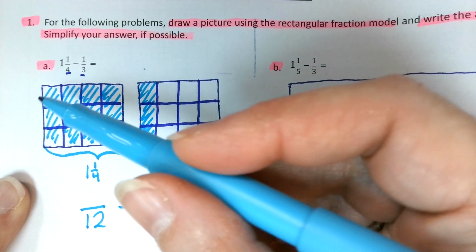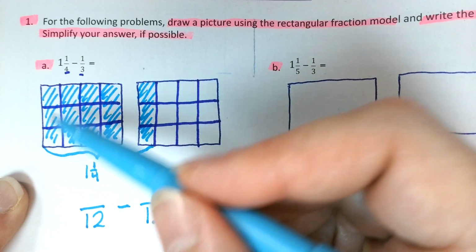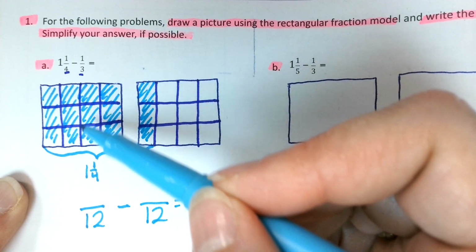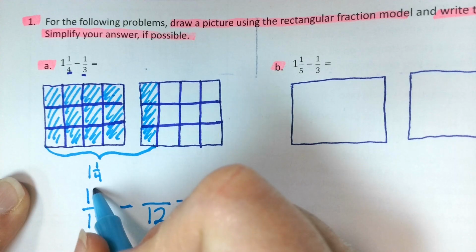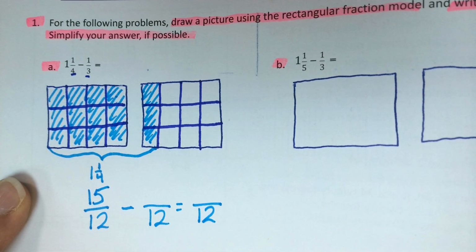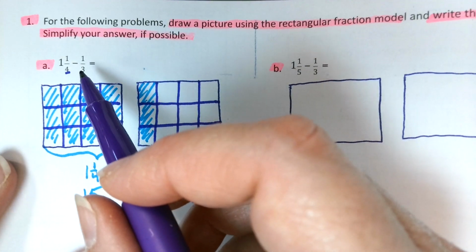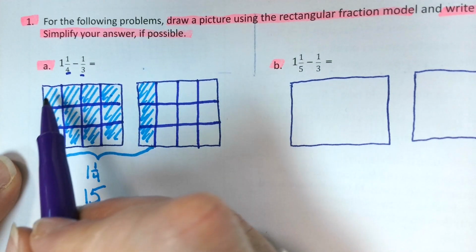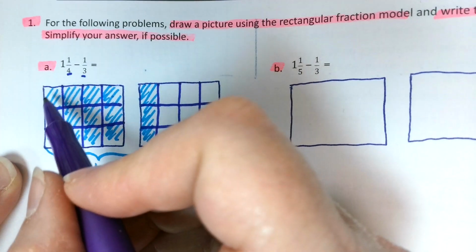So now we count how many we shaded for our 1 1/4. 1, 2, 3, 4, 5, 6, 7, 8, 9, 10, 11, 12, 13, 14, 15 twelfths. Now we're going to take our pencil, marker, whatever, and we're going to shade out 1/3. Here our whole was separated into thirds.